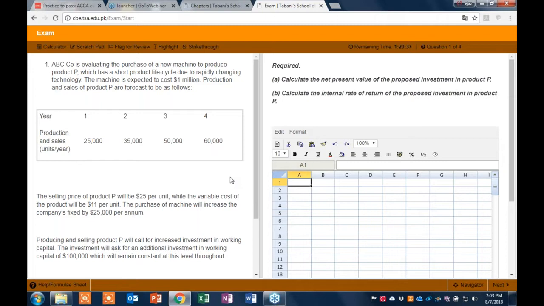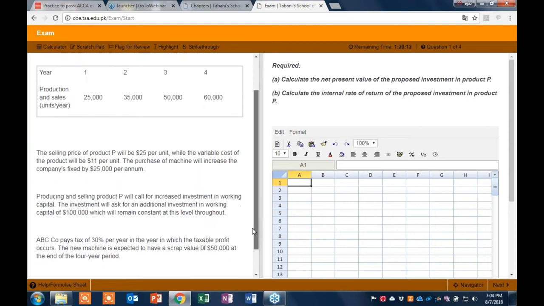For every year from 1 to year 4, production and sales figures have been given: 25,000, 35,000, 50,000, and 60,000. The selling price of product P will be $25 per unit, while the variable cost of product P will be $11 per unit. The purchase of machine will increase the company's fixed cost by $25,000 per annum.